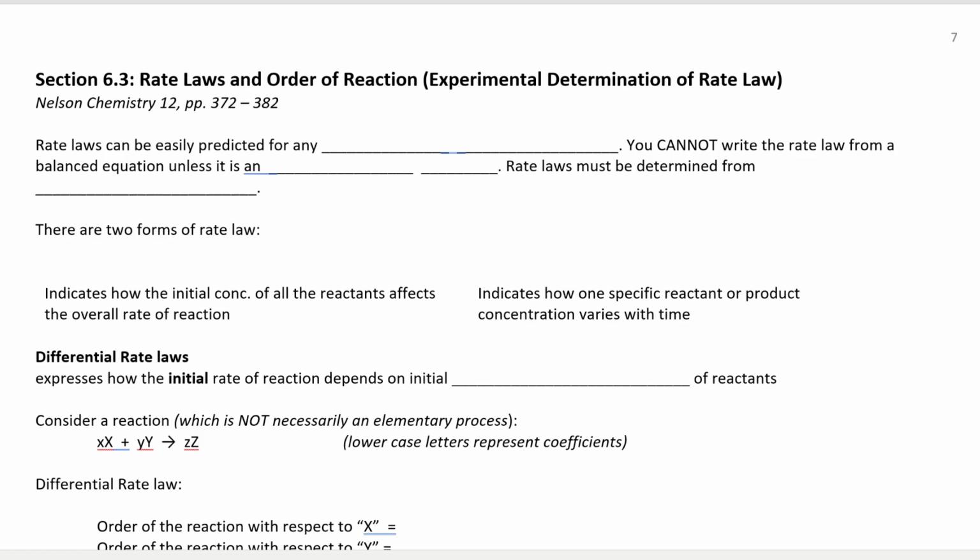The rate law is the mathematical equation that will tell us how fast a reaction is going, or rather how fast a reaction will go based on the concentration of reactants. So, rate laws can be easily predicted for any reaction mechanism.